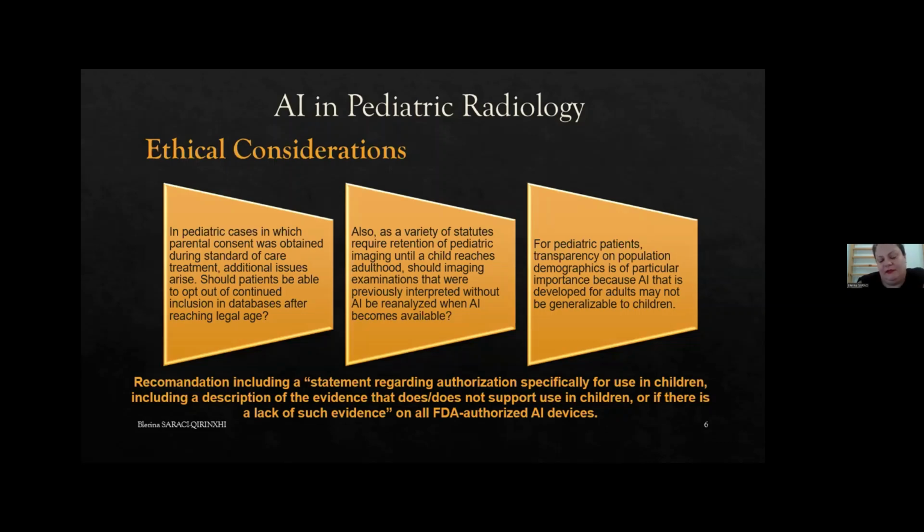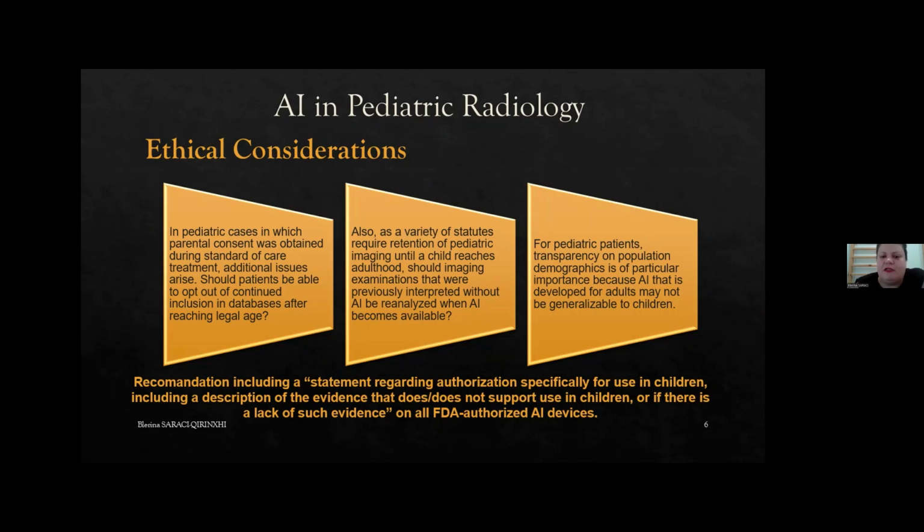Because the consent is given by parents while they are infants or part of the pediatric community, but when they become adults, is it possible for them to take out their information and leave these databases?